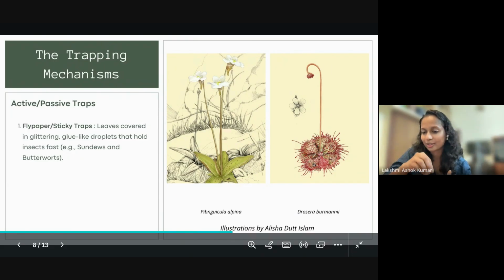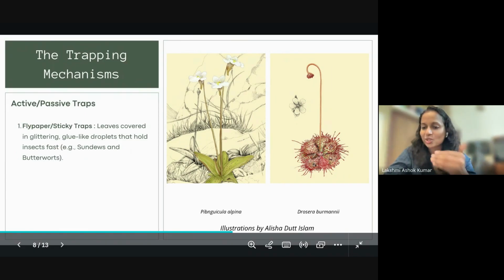When the insects get stuck to them, these tentacles will wind around the insect and keep it closed so that it doesn't struggle much. So always the plant is keeping its leaves and all its structures safe.